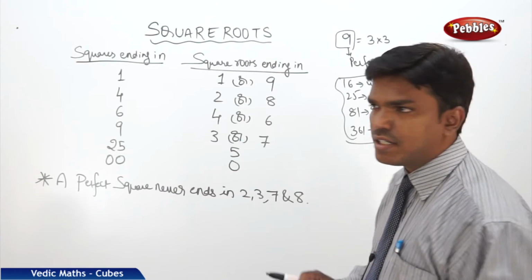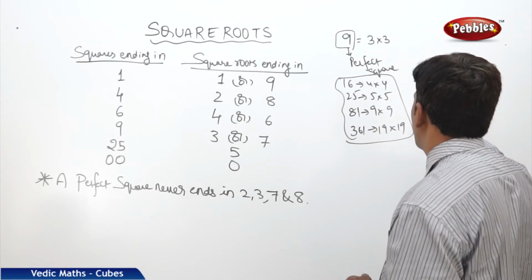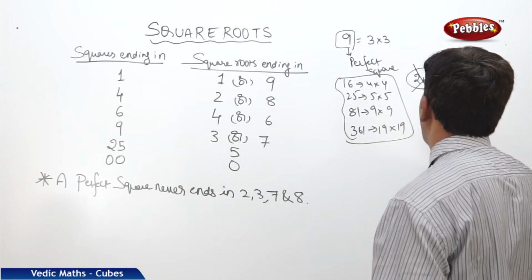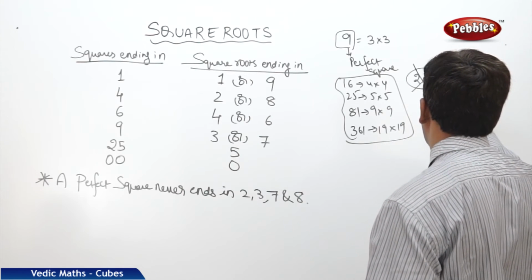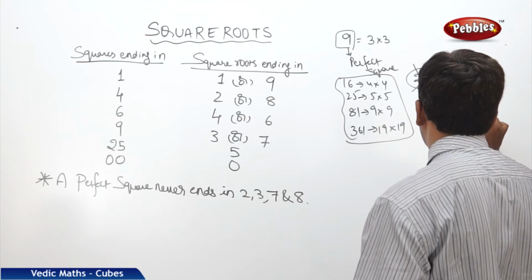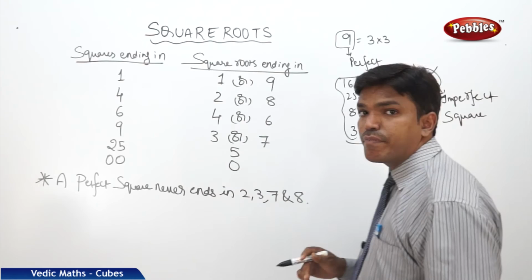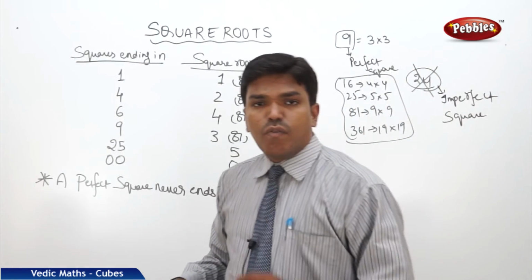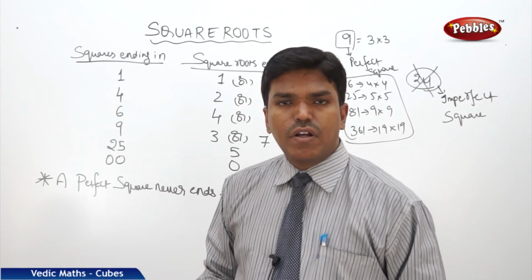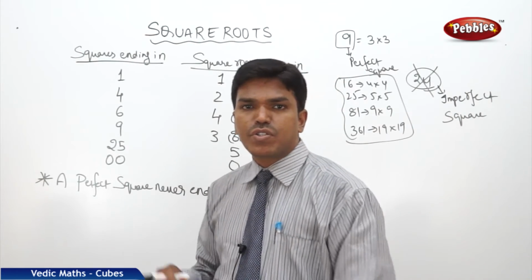No, we cannot write. Yes or no? That's why 24 is not a perfect square. It is an imperfect square. So whatever square roots we are dealing with now are only for perfect squares.